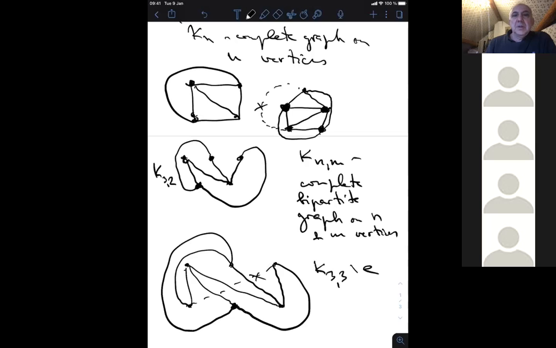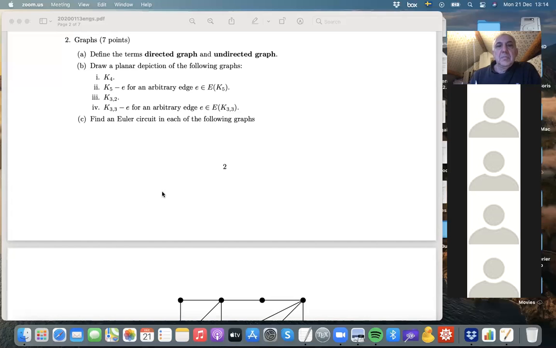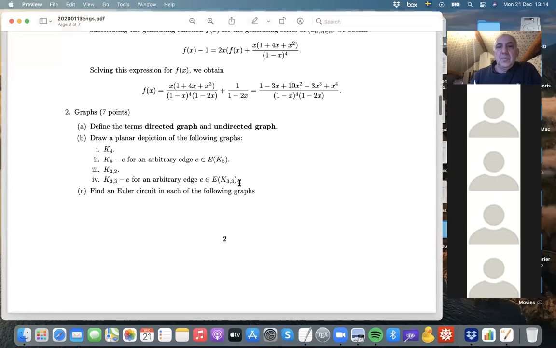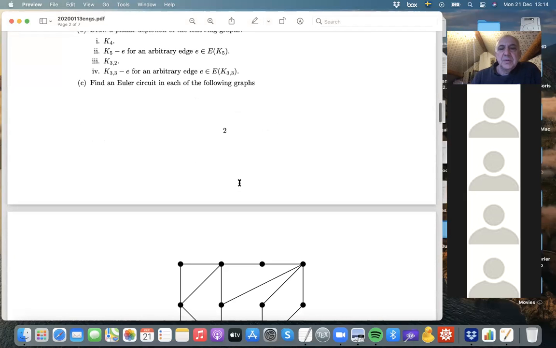Okay. So let me stop sharing my iPad and go back to the examination. The next question is: find an Euler cycle in each circuit in each of the following graphs.